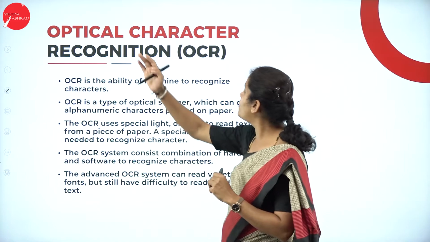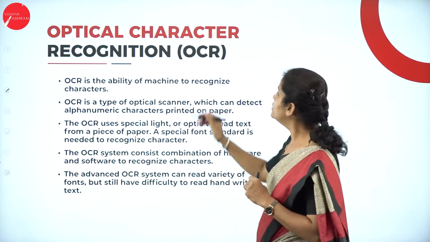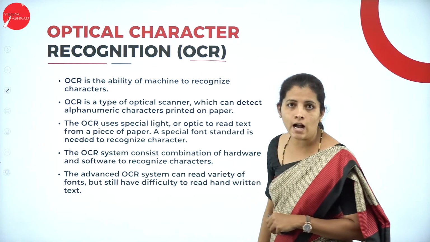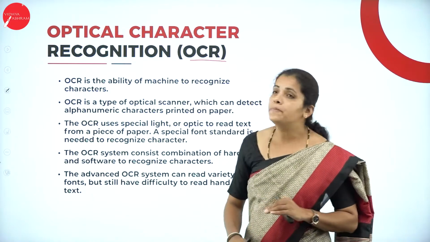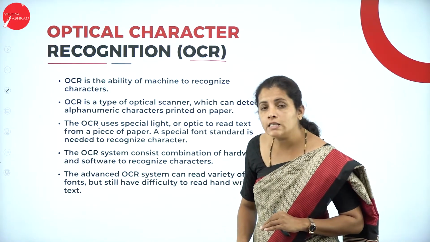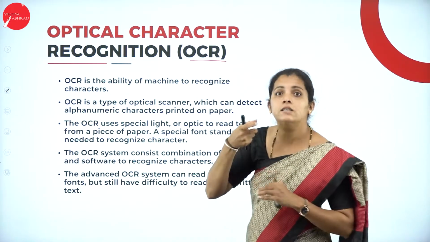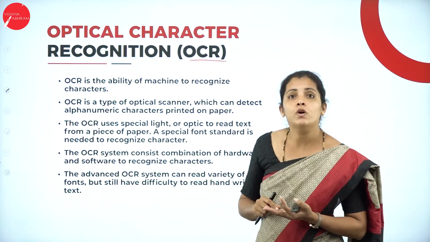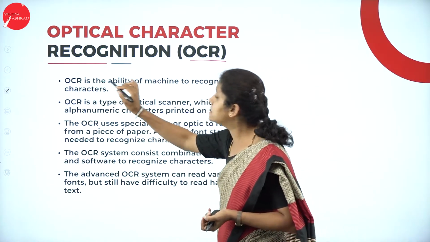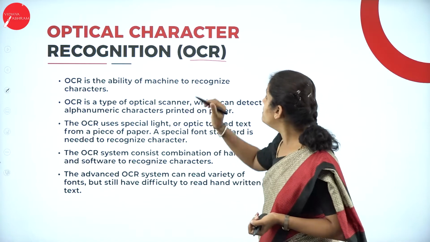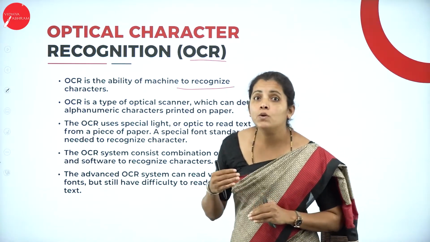Here it is optical character recognition. In short, it is called OCR. Dear student, this OCR is mainly used to recognize characters. OCR is a device used to recognize characters. It is the ability of a machine to recognize characters.